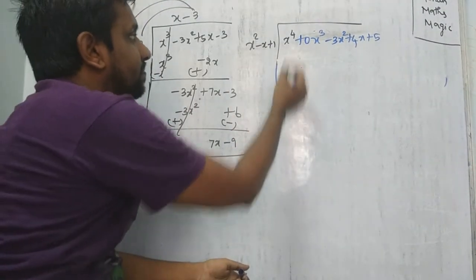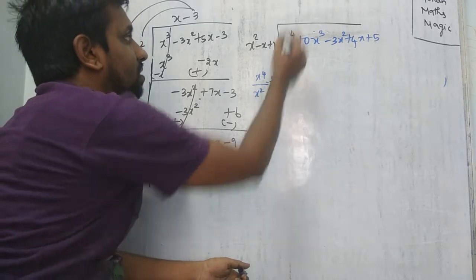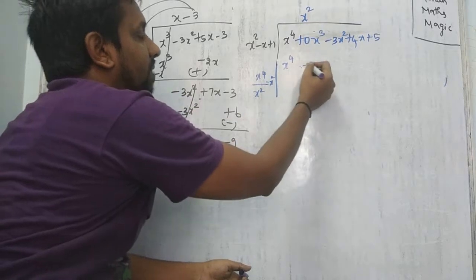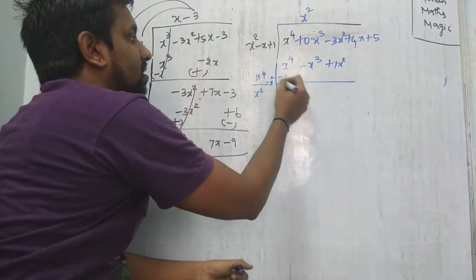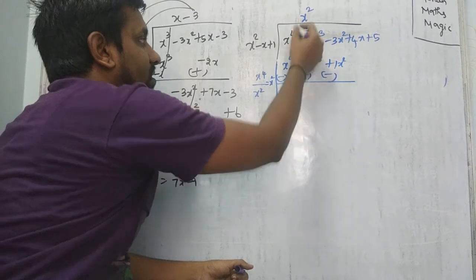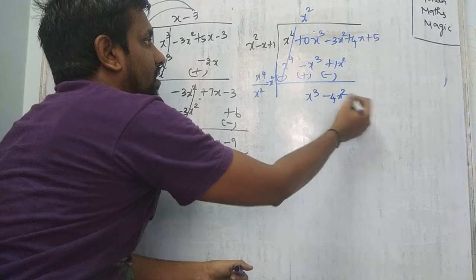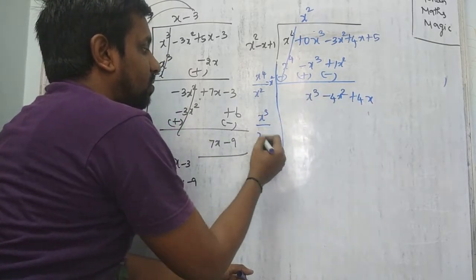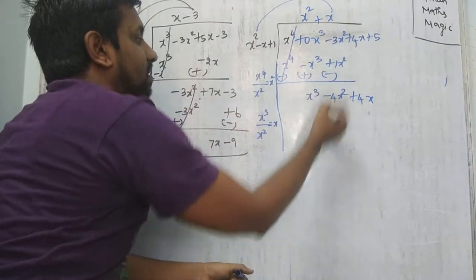Now, first term by first term, I got x square into x square, x power 4 minus x cube plus x square, 1x square. Change the symbol, and this term is below. Now repeat, x cube by x square, you got x. Now multiply.